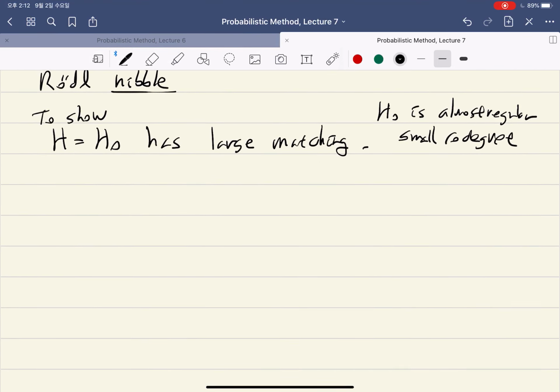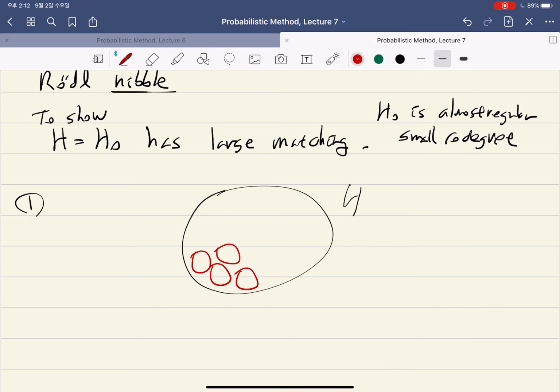So what we do is we have this H, and we choose some edges independently at random, with certain probability p. Say p is alpha over D.